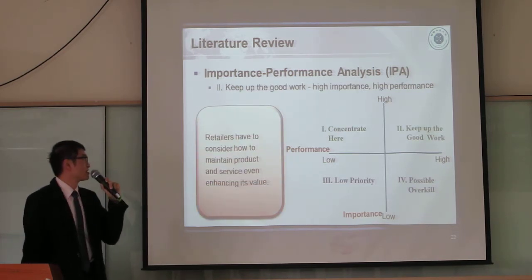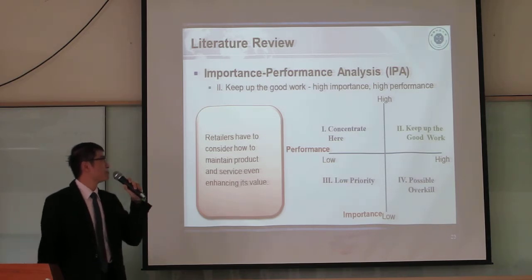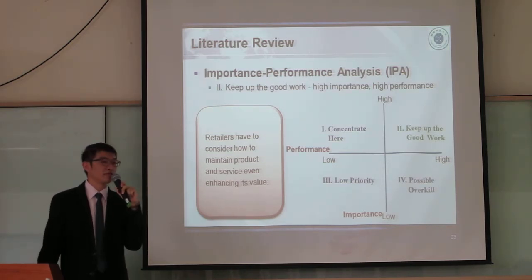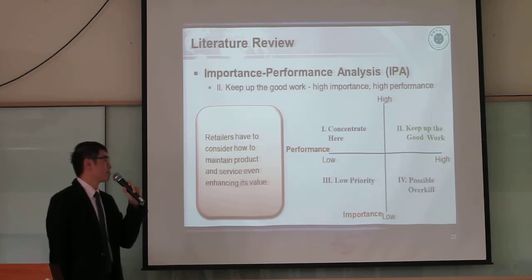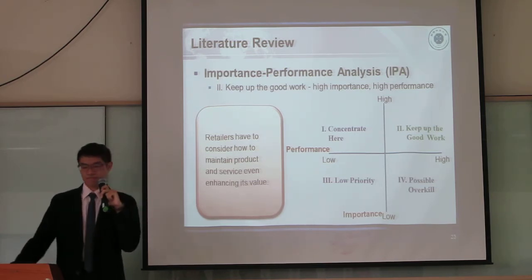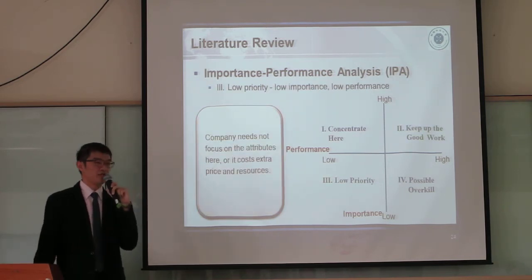The second zone is keep up good work. As in the figure, we can see high importance and high performance. This means retailers have to consider how to maintain their product and service. The third, low priority, low importance and low performance.